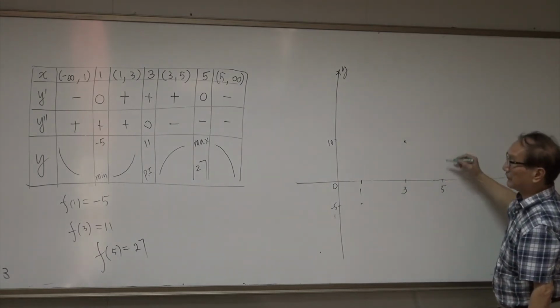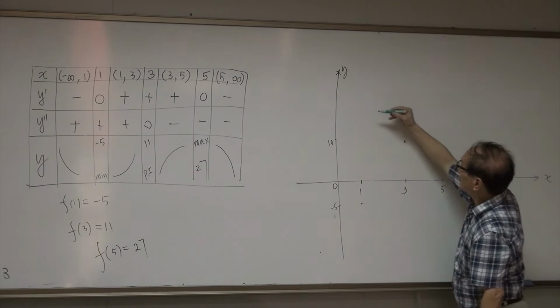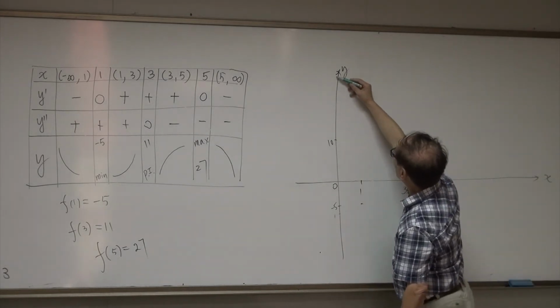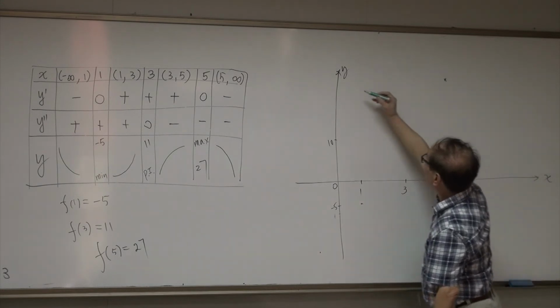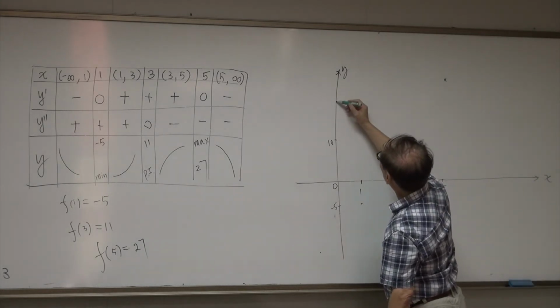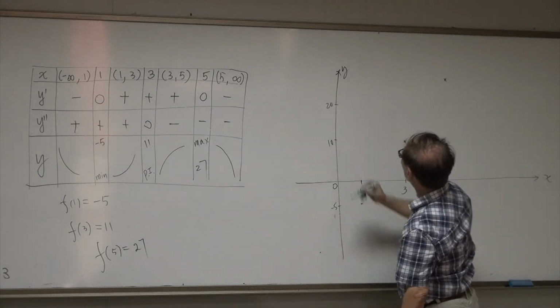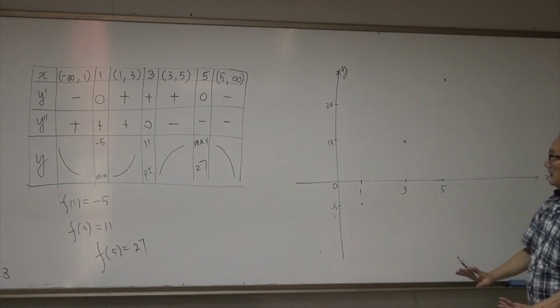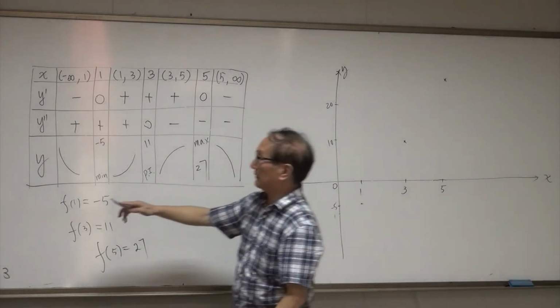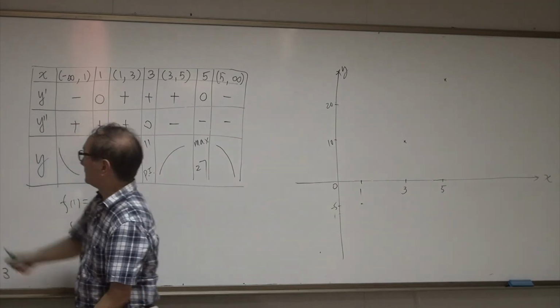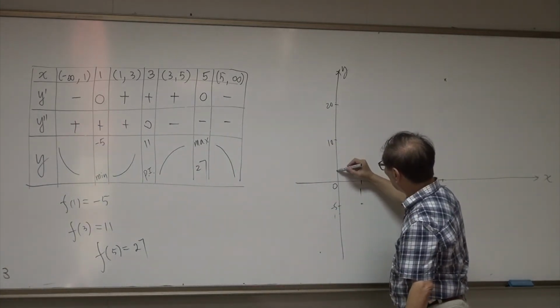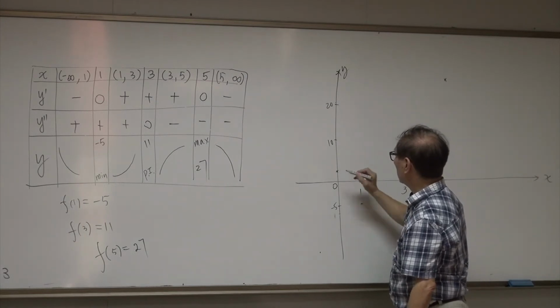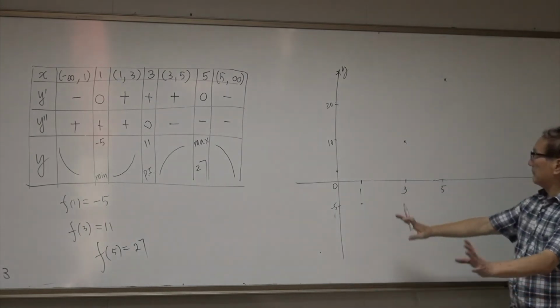And then 5, 27. 20 is here. 27 somewhere here. Alright, and plus the y-intercept. The y-intercept is 2. This is 2, somewhere here. Right?